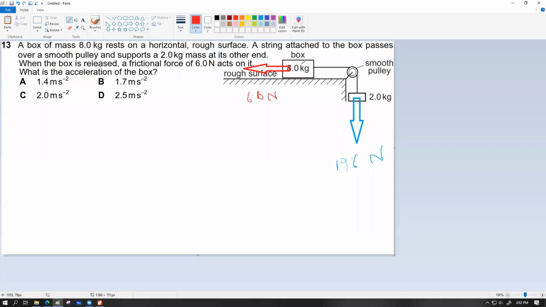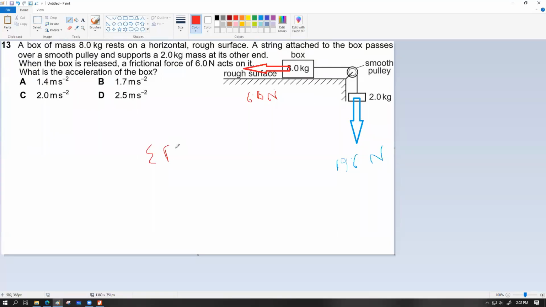The only difference is that this is moving horizontally on the surface, while this is moving vertically because it is hanging. Apart from these two directions, they will have pretty much all the motion parameters exactly the same. So they are connected bodies. These two are making a single object, connected by the effect of the string.